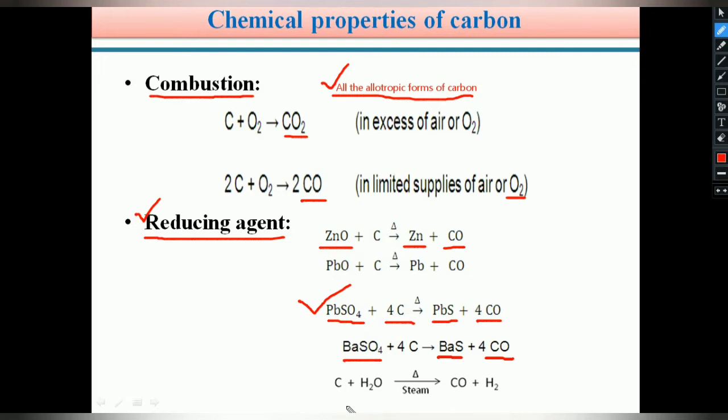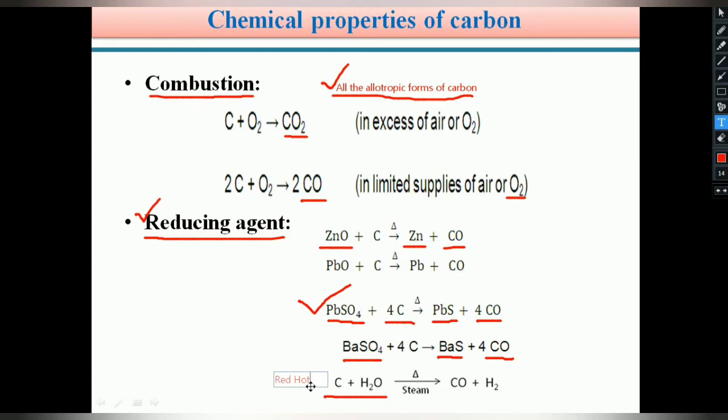Here also, carbon reacts with water. Whenever carbon is in red hot form, meaning at very high temperature, carbon reacts with steam. Steam means water in gaseous form.